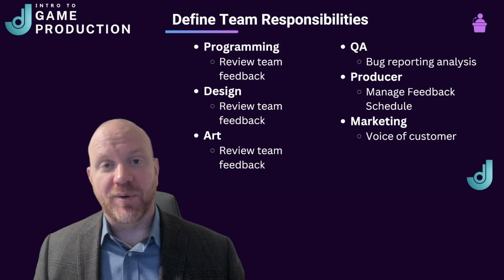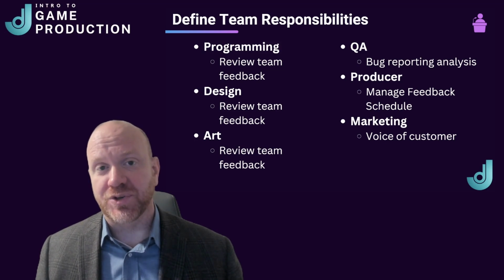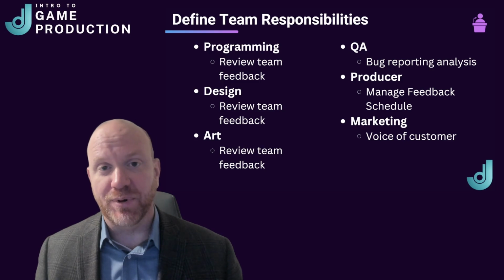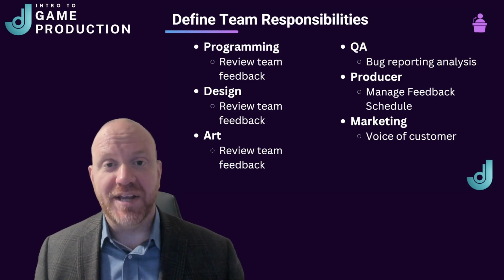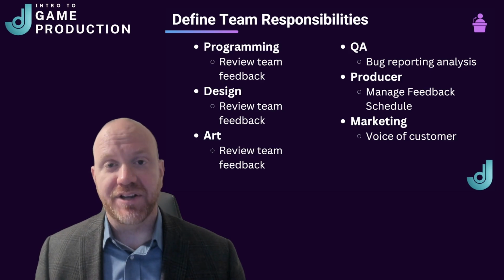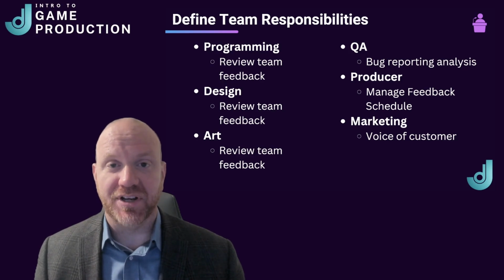Now, during the evaluation phase, each of your teams is just going to be reviewing that feedback and providing additional inputs as required. Your QA team may be asked to do a bug reporting analysis, and your marketing team could be reaching out to customers to get that direct feedback that's not coming through the regular community channels.